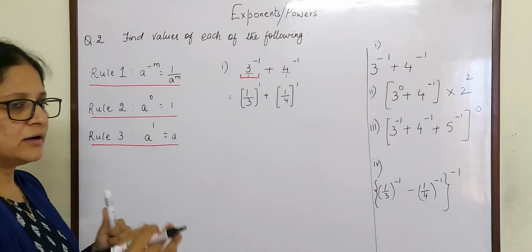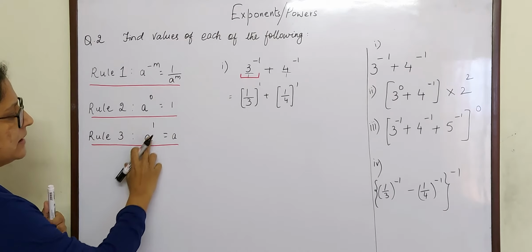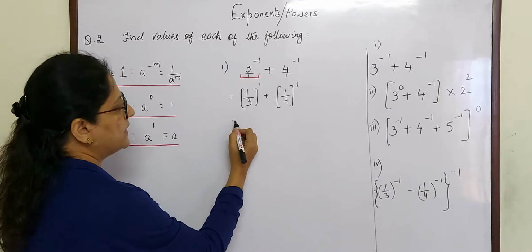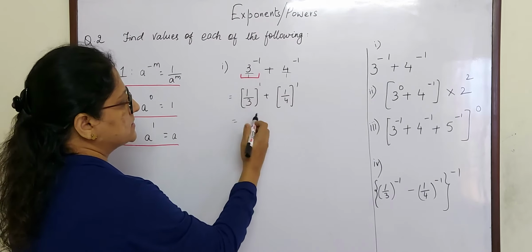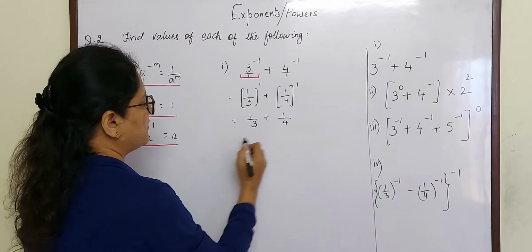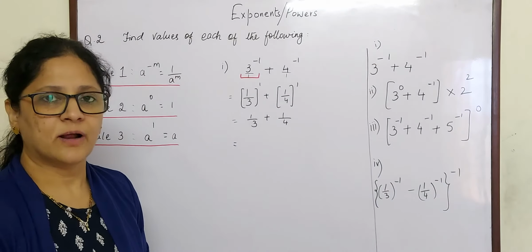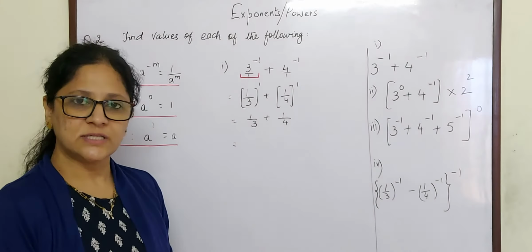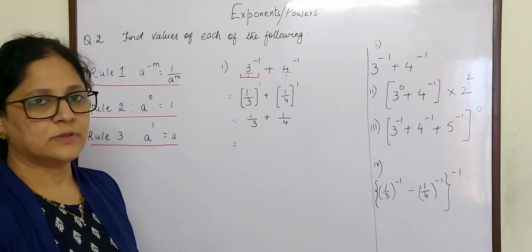And what have we learnt in rule number 3? Any number raised to 1 is the base itself. So 1 by 3 raised to 1 is 1 by 3 plus 1 by 4 raised to 1 is 1 by 4. And children, now we have come to the simplification of fractions, where you have to just find LCM and do the addition.